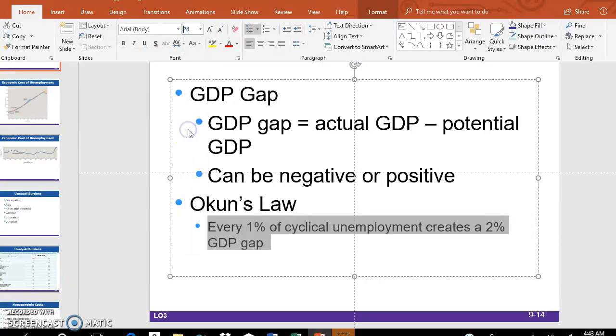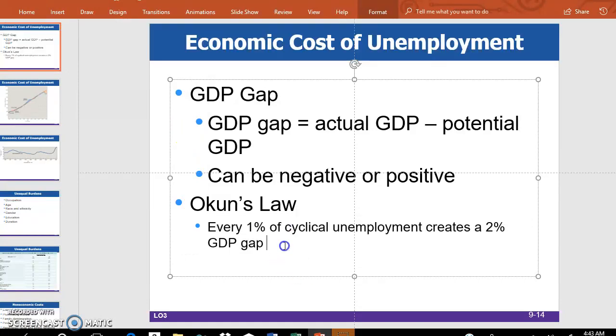We are saying that for every 1% of cyclical unemployment, so if actual unemployment is say 9%, and NRU, remember, NRU is the unemployment rate based on only frictional unemployment and structural unemployment.